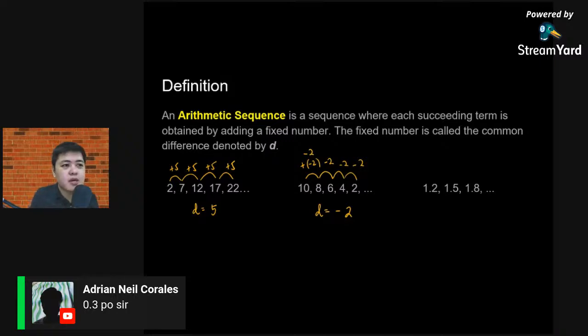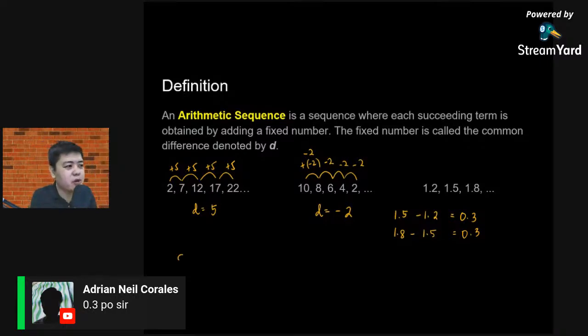To get the common difference, you just subtract. Yes, Avi, correct. So for 1.5, it's 1.5 minus 1.2, which is 0.3. Or 1.8 minus 1.5, which is also 0.3. By the way, to get the common difference, it's always a sub 2 minus a sub 1, or the next term minus the previous term.